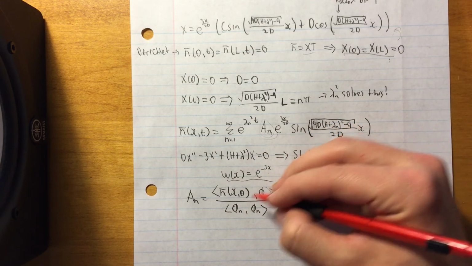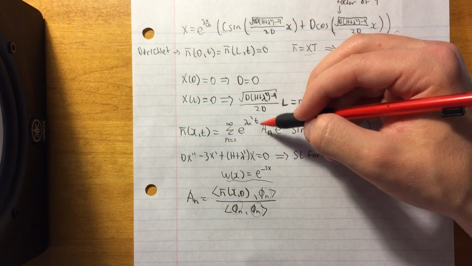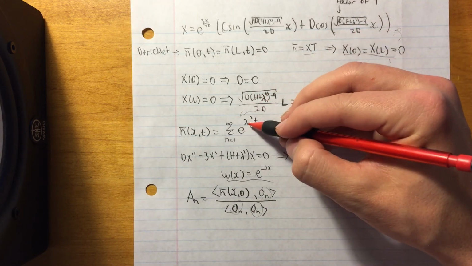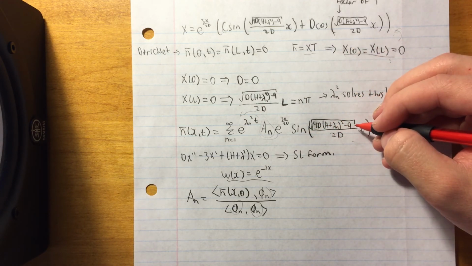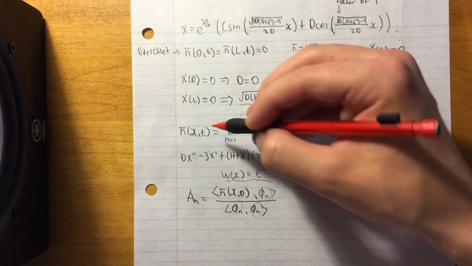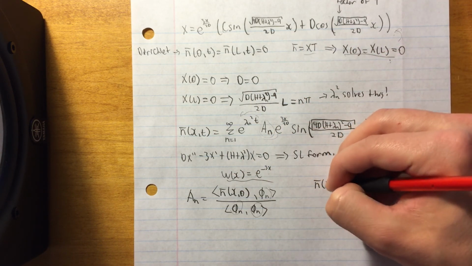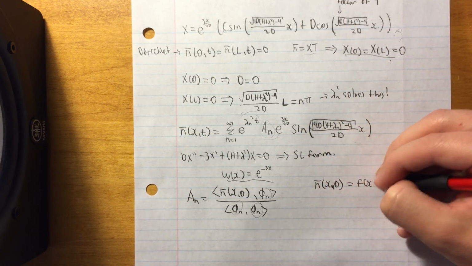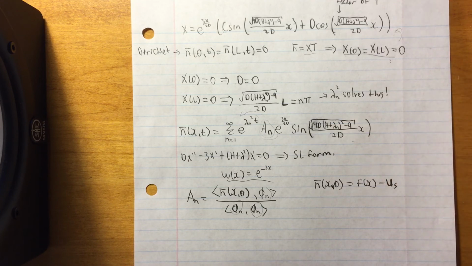So what this gives us is these are the eigenfunctions here, and these eigenfunctions are essentially, if we move this out of the way, this e term here multiplied by the sine term. Those are our eigenfunctions in this situation, and this is the function here that we're trying to represent, and we know that x of 0 is equal to f of x minus the steady state solution, which we found earlier.